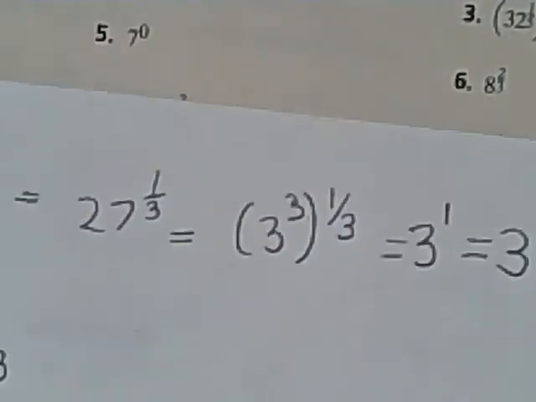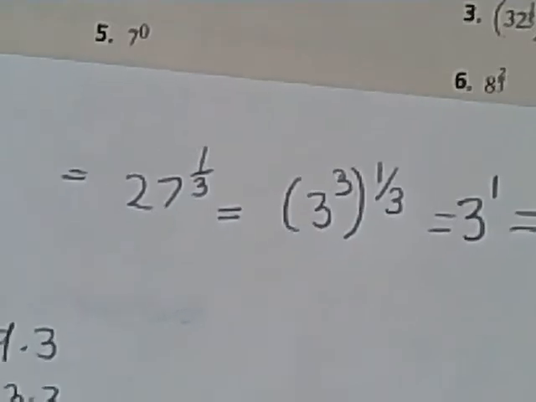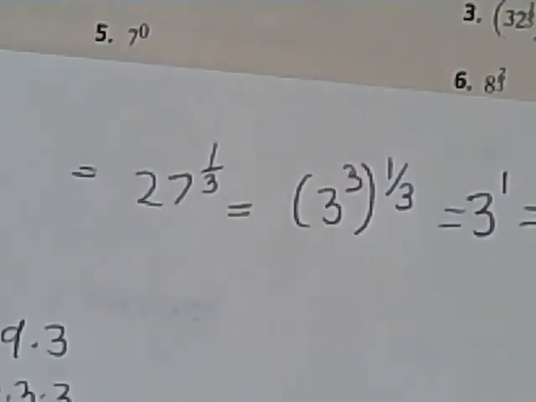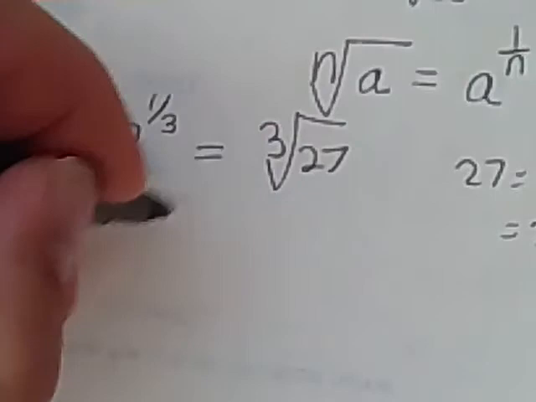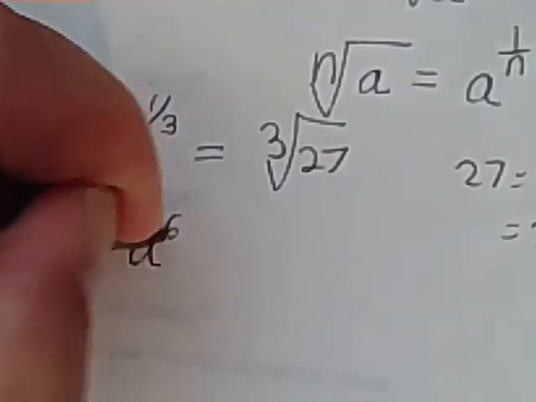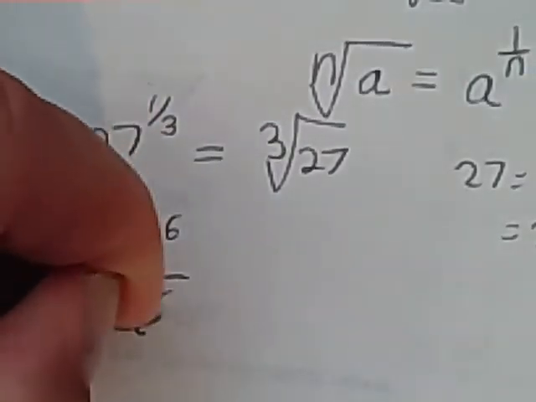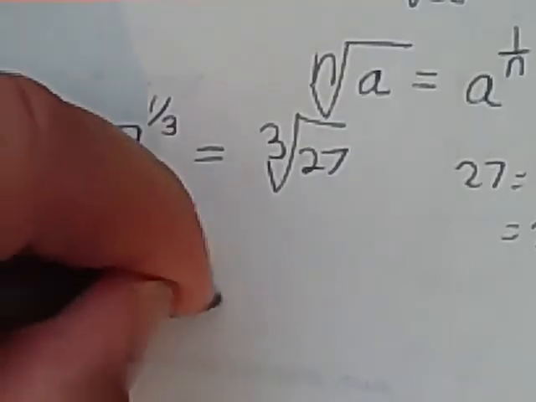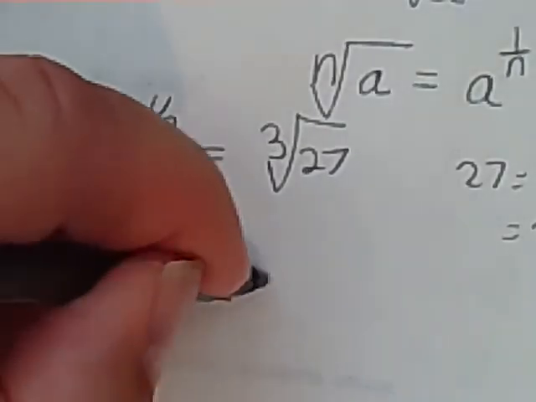On your homework that was due last night, they had a question, who was correct? One person said a to the 6th power divided by a to the 6th power is equal to 1.